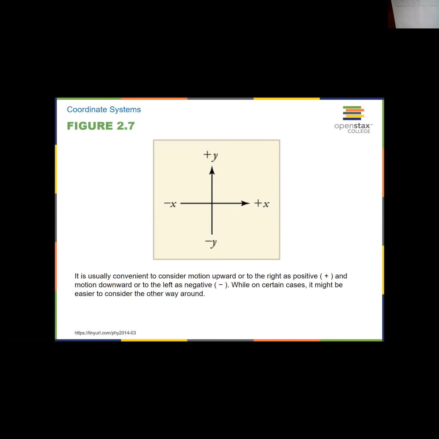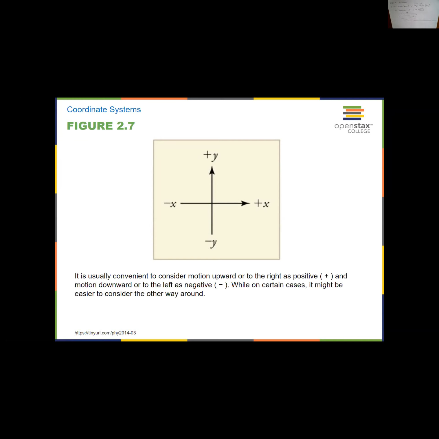If you have just a one-dimensional problem, then you can just use the X axis, for the frame of reference referred to the origin. And if you have two dimensions, you can use y. Sometimes you can use the y axis only if it's just a one-dimensional motion.